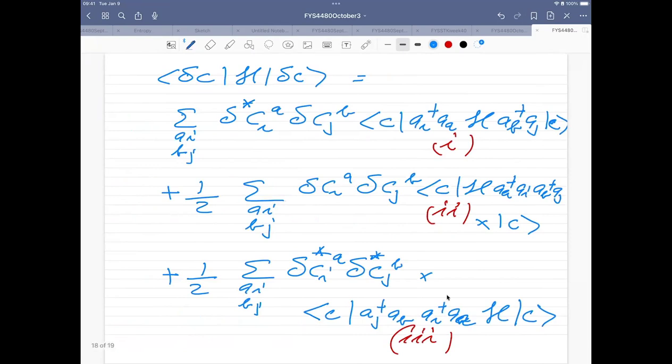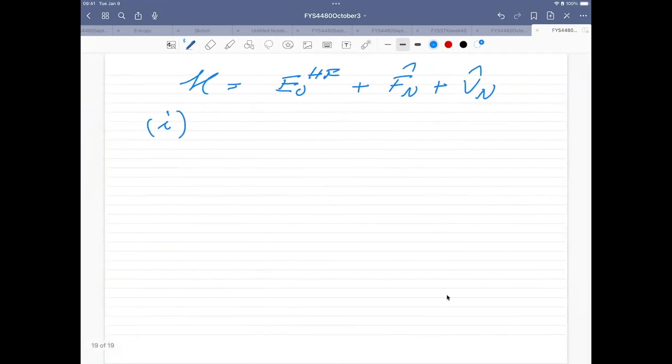everything, but let's just set it up because we are going to have a sum over a, b, i, j. I'm going to have a delta c_i a, and then a delta c_j b, like this.